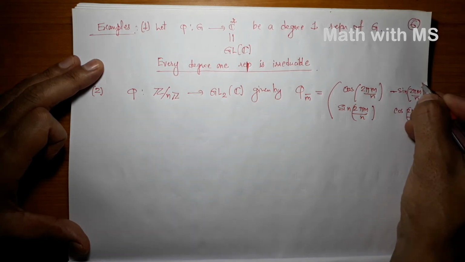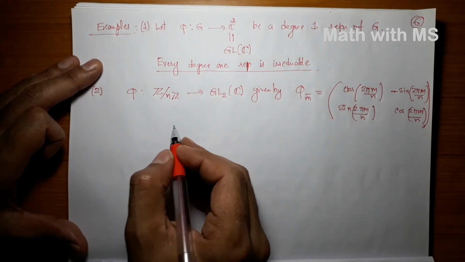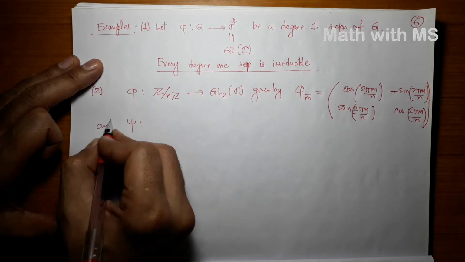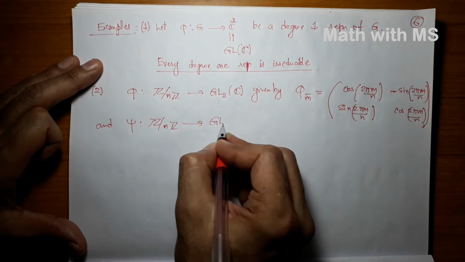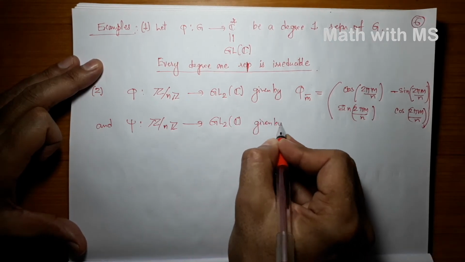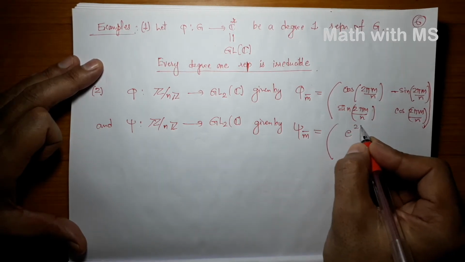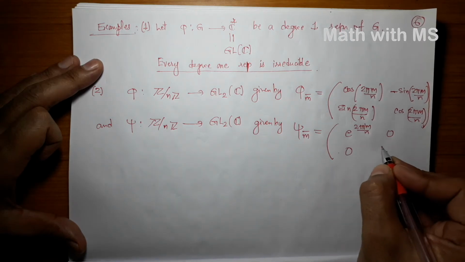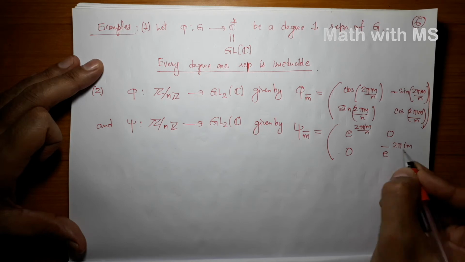Okay, and also let me recall the other one. Psi from Z mod nZ to GL2(C) given by psi of m bar equals the diagonal matrix with e to the power 2 pi i m by n and e to the power minus 2 pi i m by n.